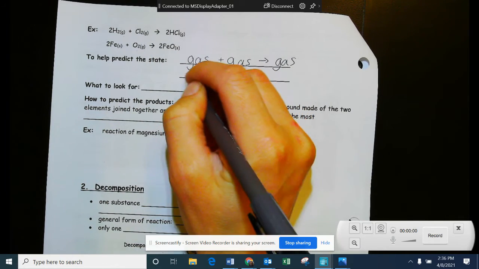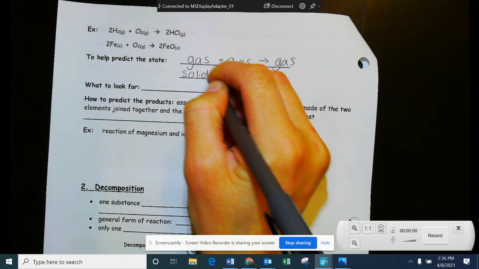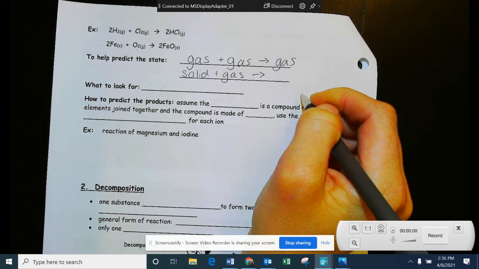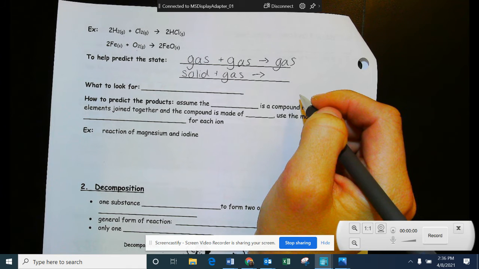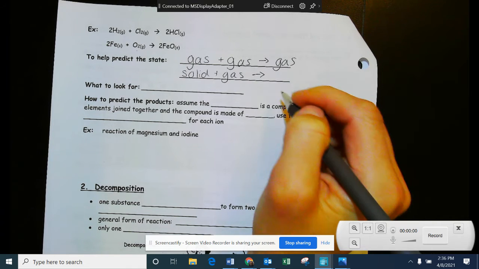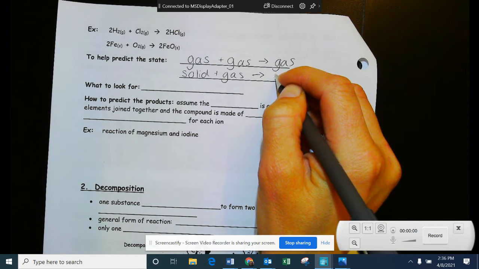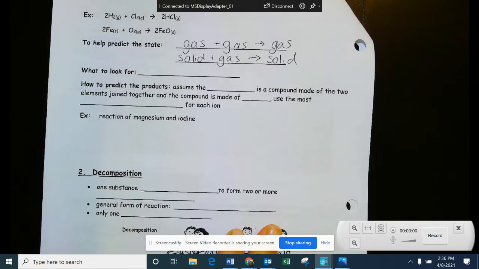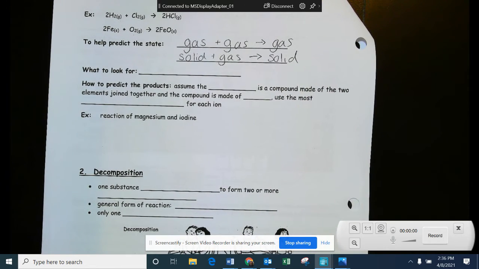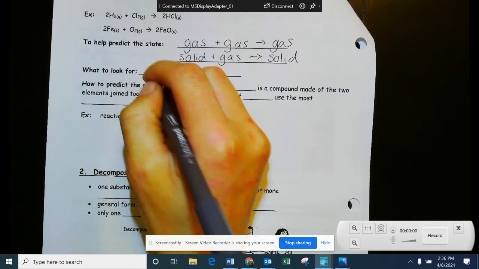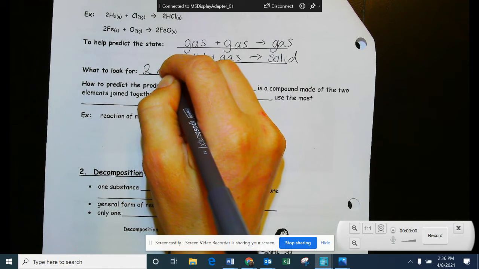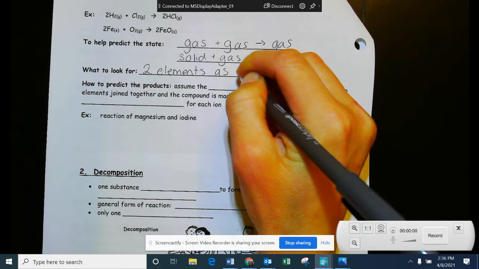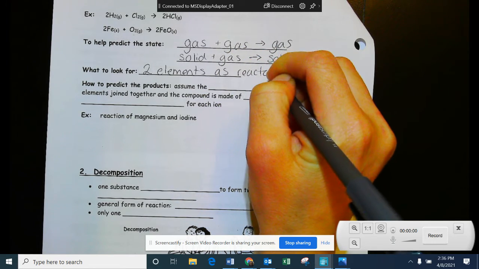And then if you've got a solid plus a gas, this is like what we saw with the salt there. We had sodium in a solid form, chlorine in gas form, and it made a solid salt. So what you're looking for, 2 elements on the reactant side. 2 elements as reactants.